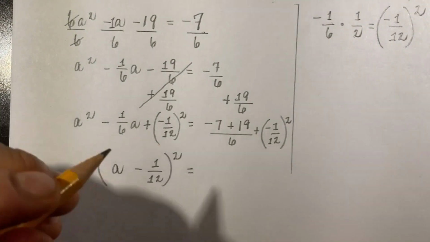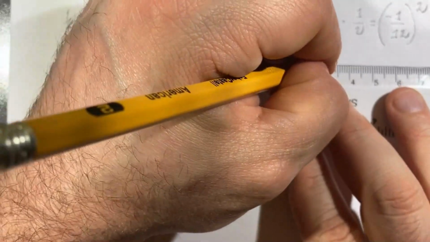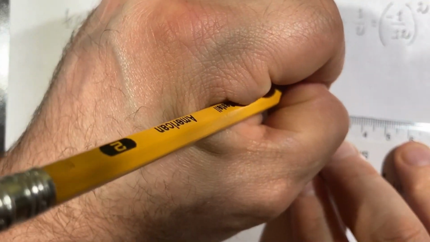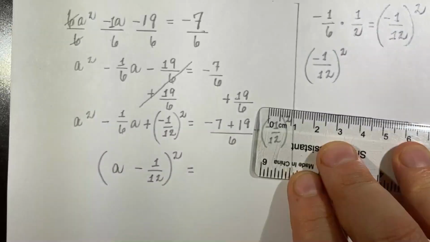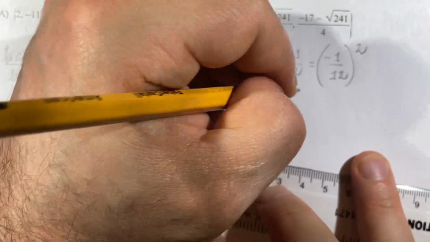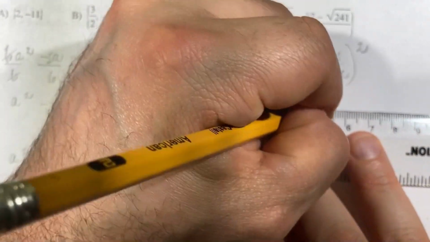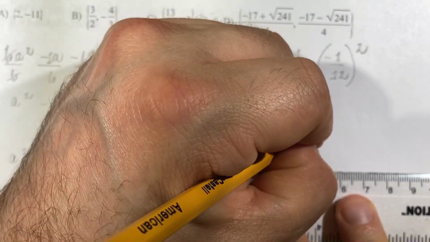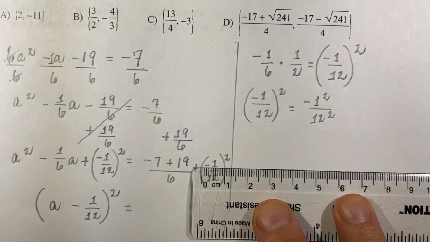So back to side work, we're actually going to square this thing out. We have negative 1 over 12, and we're going to square it. Now, when we square it, we distribute the squared symbol to the numerator and denominator, so we have negative 1 squared. Here, the negative sign is going to go away because anything negative squared is positive, and then 12 squared.